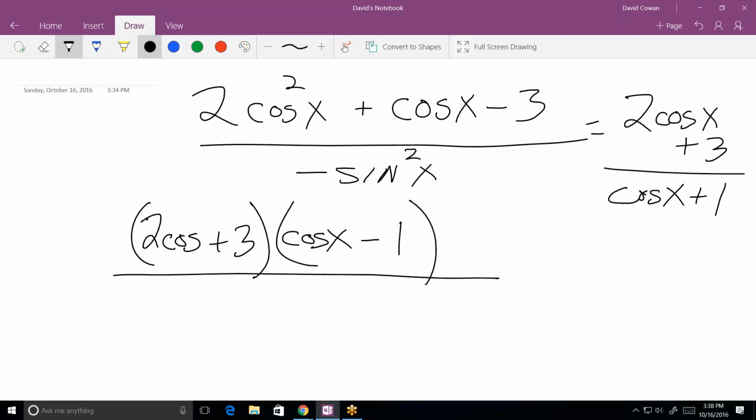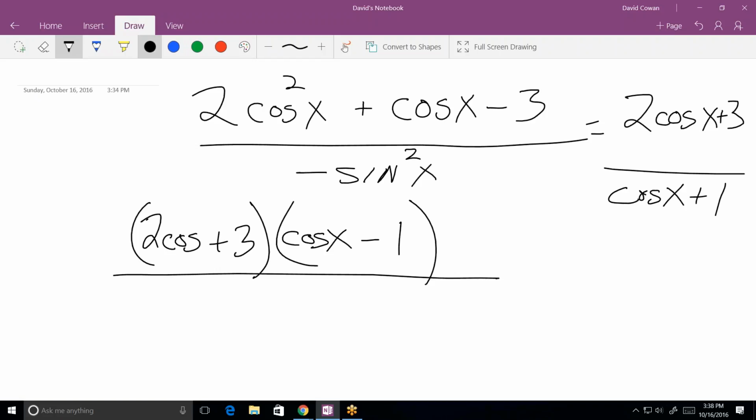You have a 2 cosine plus 3 already on the top, so you just have to get rid of the cosine x minus 1, right? Well, here, let me rewrite this. I ran out of room, so let me make it a little bit clearer. There's the 2 cosine plus 3. There's the 2 cosine plus 3. So what we really need down the bottom is something that will handle this other.